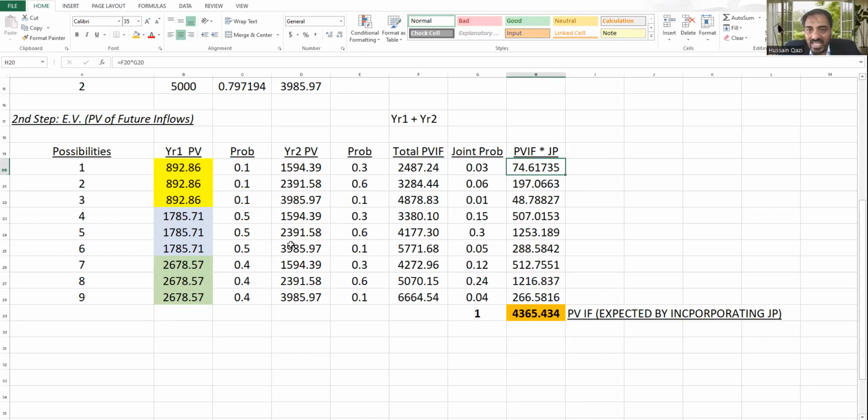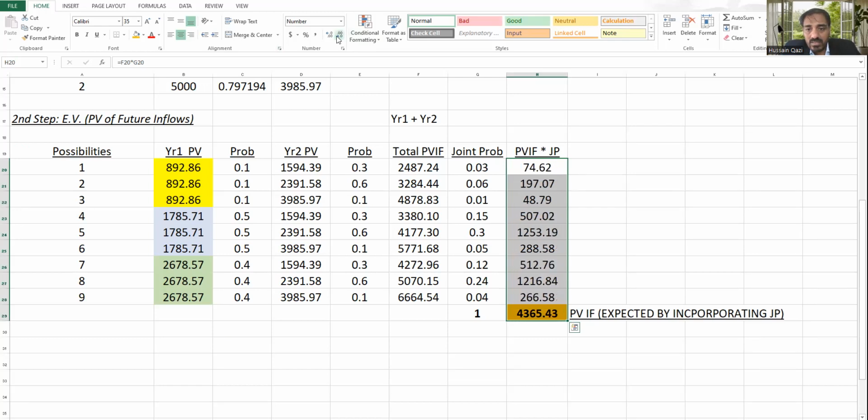Means I can say that the present value of inflows may be 74.61735 or 62, but the chances is 3%. Present value inflow 197.07, but the chances is 6%. Like 1216.84, the chance is 24%.